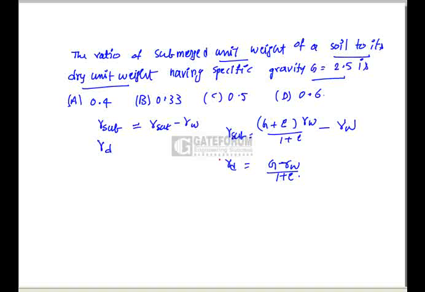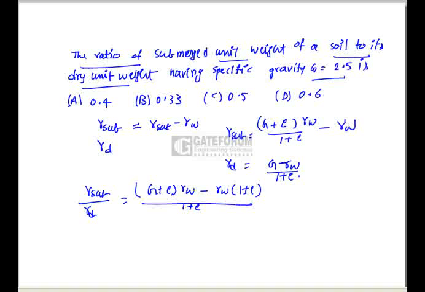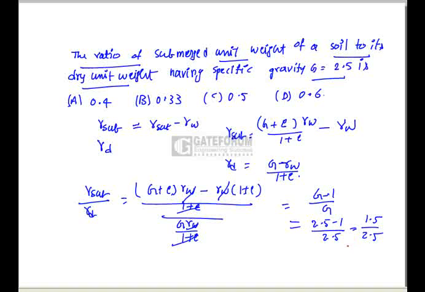By dividing these we find the ratio. Gamma submerged by gamma d is equal to [(G plus e) gamma w minus gamma w (1 plus e)] by (1 plus e), divided by G gamma w by (1 plus e). So here we get G minus 1 by G. G is 2.5, so 2.5 minus 1 by 2.5, that is 1.5 by 2.5, that implies 0.6. So option D is correct.